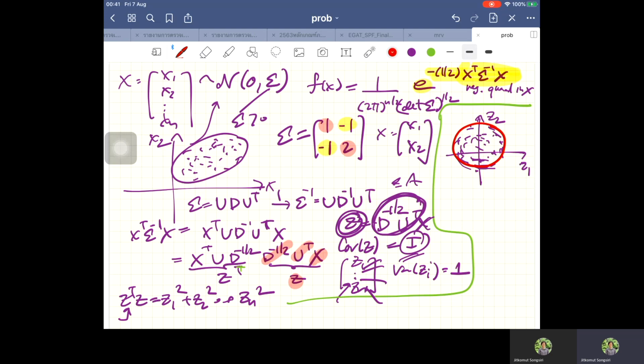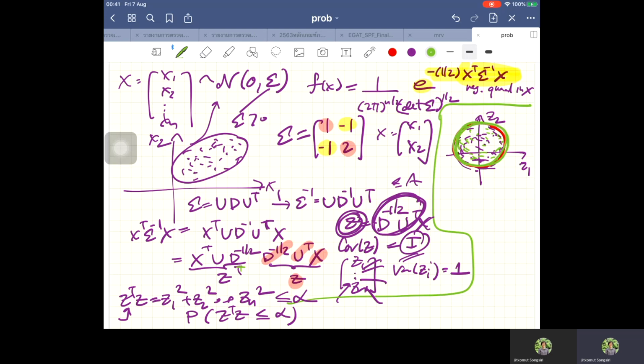Now, if I examine this property, if I would like to compute the probability that my Z transpose Z is less than alpha, I would like to see what percentage my scatter plot covers if I determine this radius.